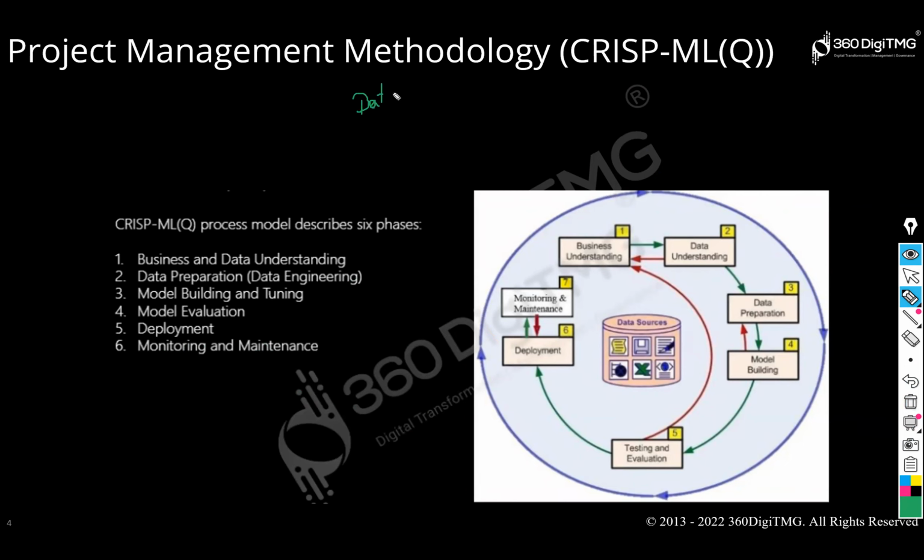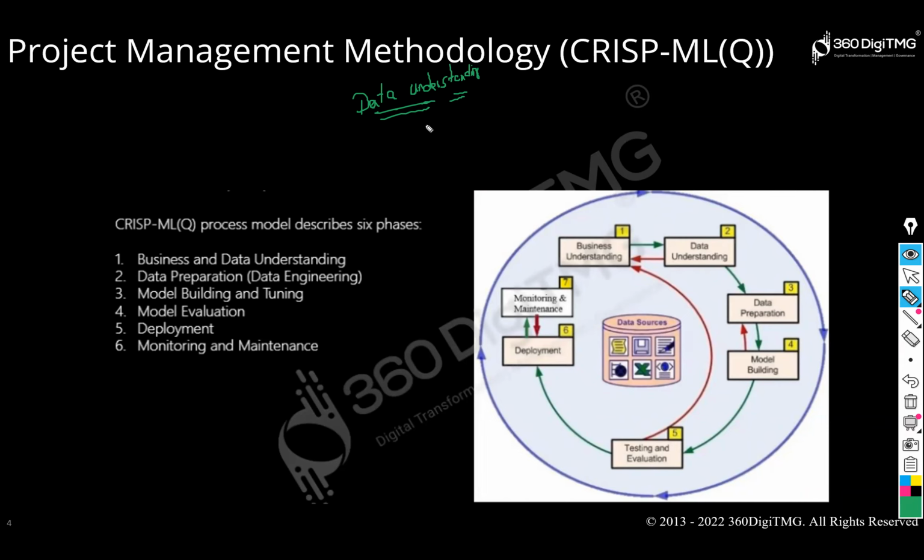Data understanding. So now you understood the business problem. Let us say you clearly understand the business problem. Now, once I understand the business problem, I have to collect the data required.